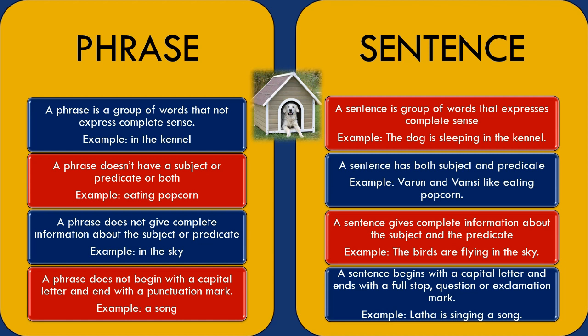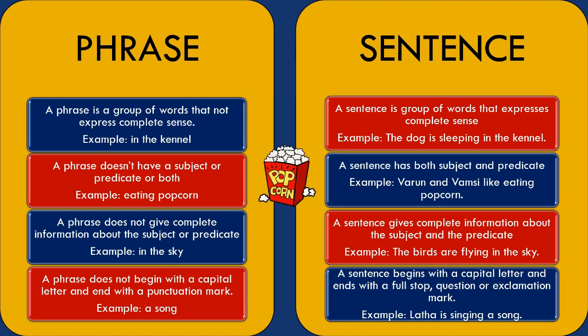Now, let us take the second difference, eating popcorn. Here, the phrase has neither a subject nor a predicate. Now, if I say Varun and Vamsi like eating popcorn, here Varun and Vamsi is the subject, and like eating popcorn is the predicate.